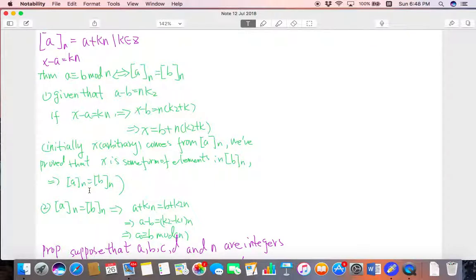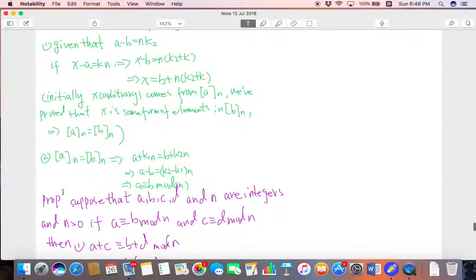And this is the first direction, and the reverse direction may be even easier to follow. If you have two sets that are equal, that means A plus some multiple of n, say A plus k1 times n, and B plus k2 times n, are both definitions for an element to lie within the set, and these two are equal.